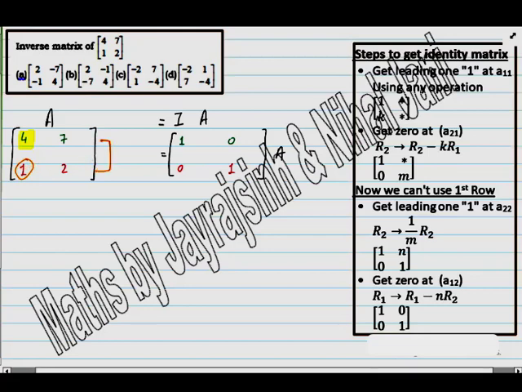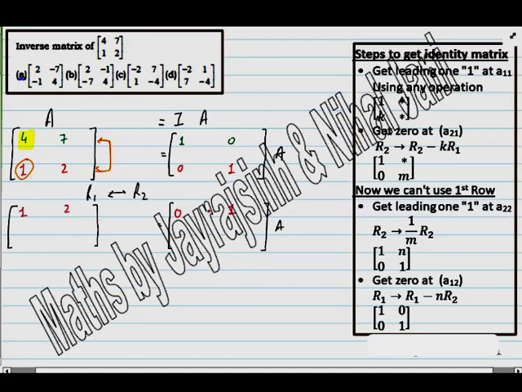So it suggests that we have to exchange our first and second row. So let's do the operation R1 gives R2. So our second row, which is 1, 2, will become your first row.